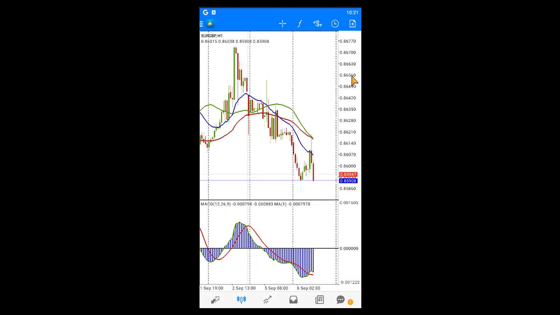0.86560. You want to write it down. Buy at 0.86550. So I intend to buy at 0.86550.